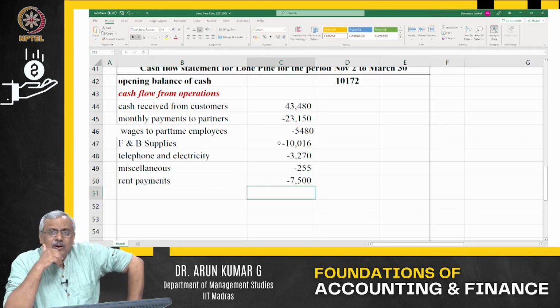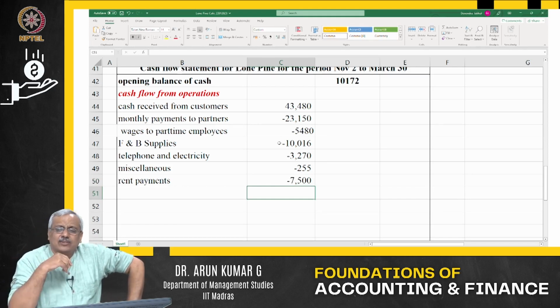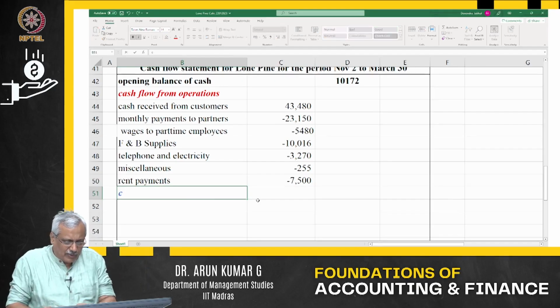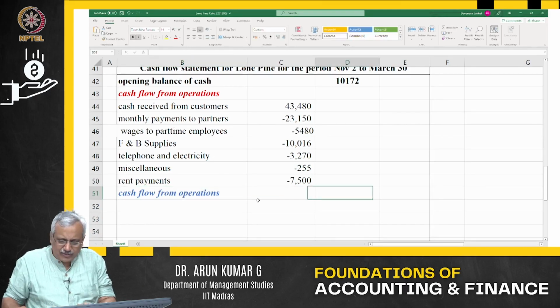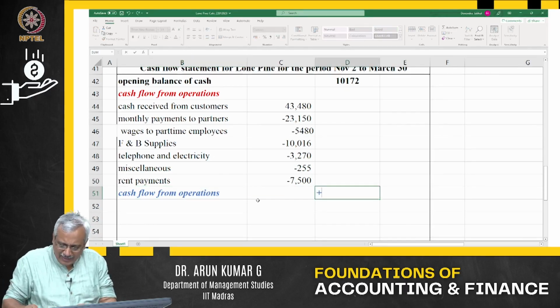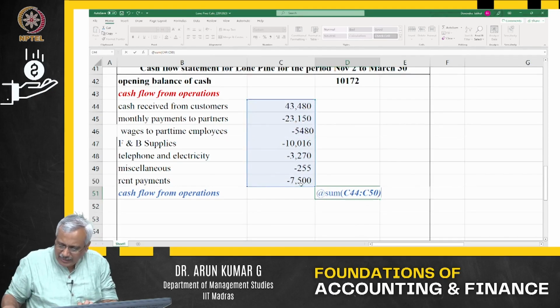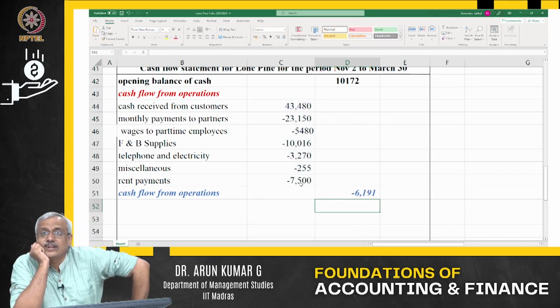Now I need to know what is the money that the operating activity has generated. Let me say cash flow from operations. Cash flow from operations is nothing but, I would say, a sum. This is the inflow, the rest is all outflow. This is the cash that the operations have generated.